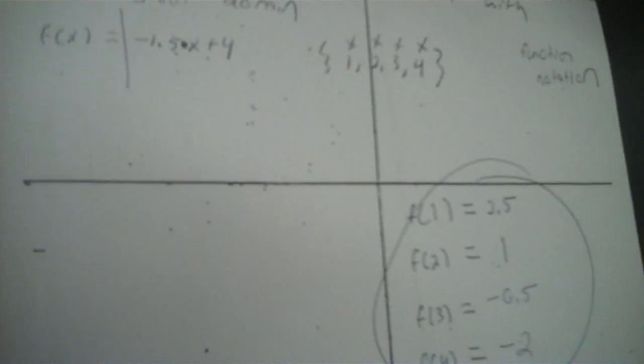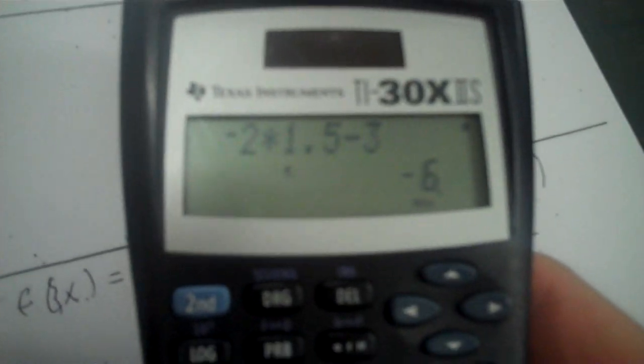You kind of get the idea, I hope. Negative 2 times, and the next number is 1.5, and then minus 3. Negative 6. Some of you are like, why can't we just do a table? Well, just don't be difficult. They want it like this, okay? Negative 2 times 4 minus 3 is negative 11. And this is the answer, the whole thing.